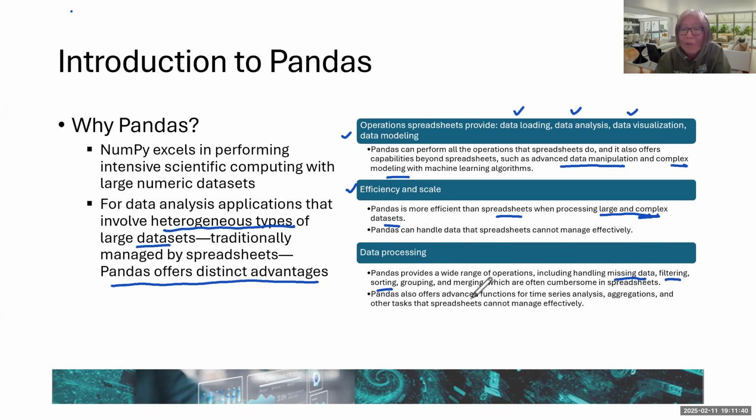And also Pandas offers advanced functions for time series analysis, okay, aggregation, and other tasks. Sometimes a spreadsheet cannot even manage it effectively. Okay, so that's the advantage of the Pandas package.